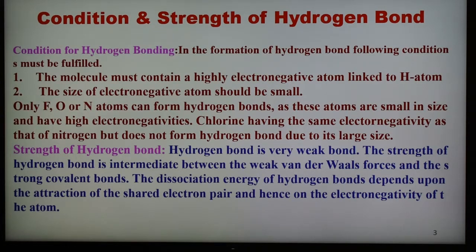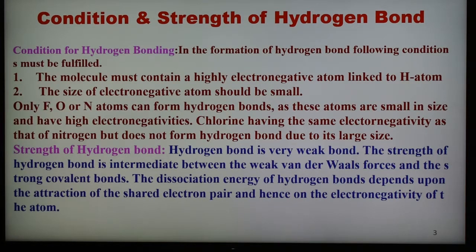So we can say that because of this hydrogen bonding, a hydrogen atom is linked to two electronegative atoms, one by a covalent bond and the other by a hydrogen bond. Hence it is said to form a hydrogen bridge, and there are certain conditions for the formation of hydrogen bonding. The conditions are: the molecule must contain a highly electronegative atom linked to the hydrogen atom, and second, the size of the electronegative atom should be small.